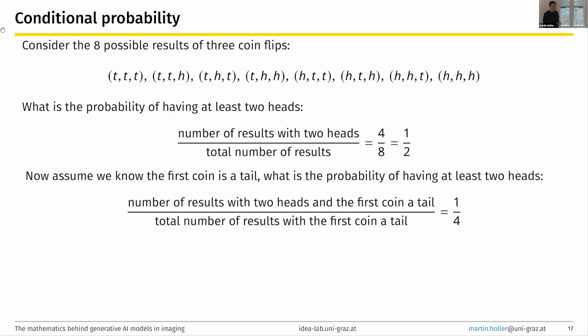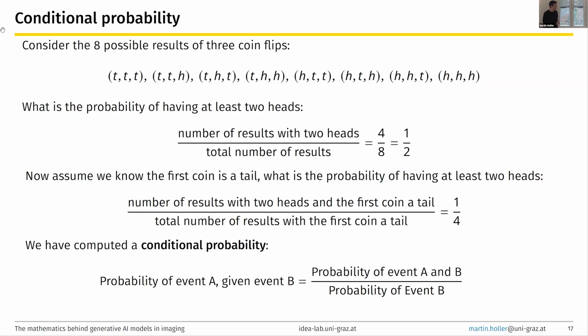And what we have just done is actually compute a conditional probability. So we wanted to know the probability of an event A given that event B has happened. So we wanted to know the probability of having two heads conditioned on the fact that the first coin is a tail. So conditioned on some information.